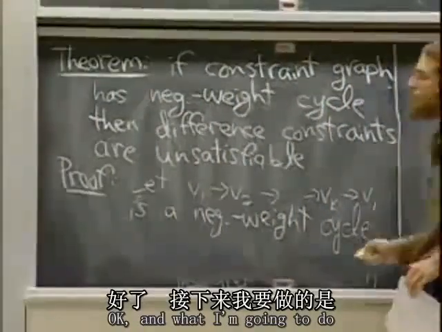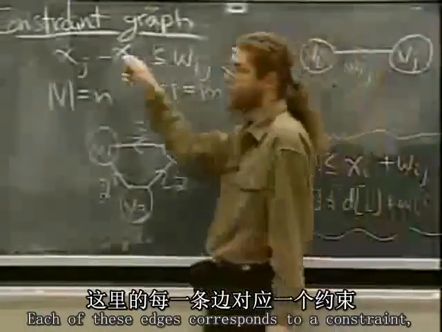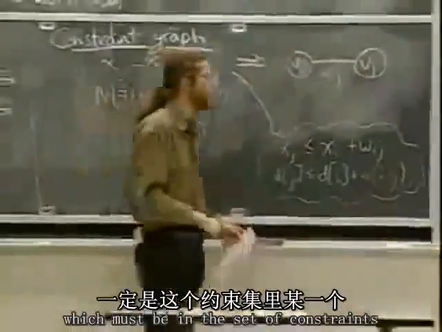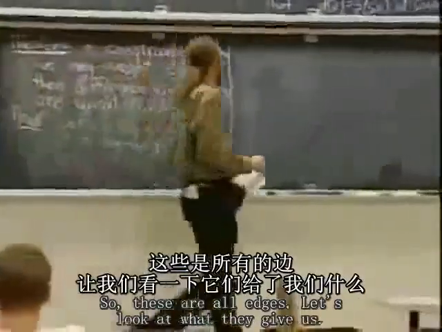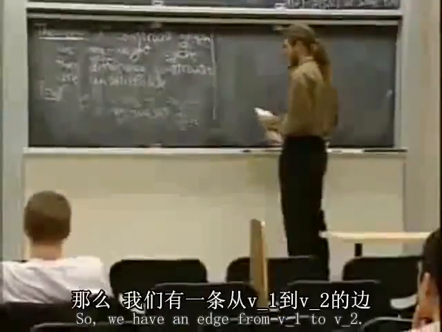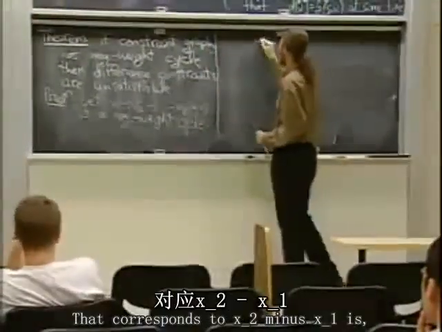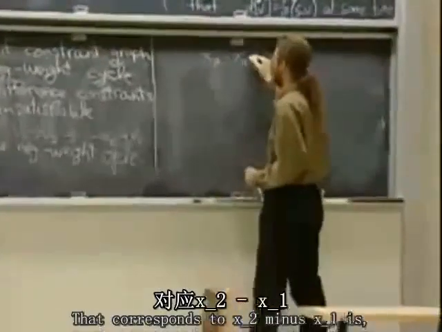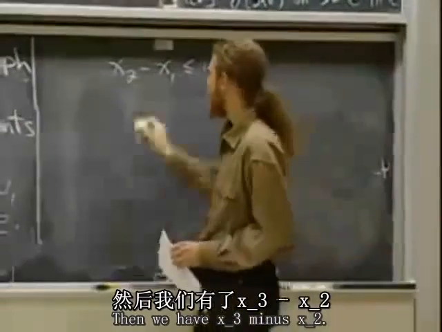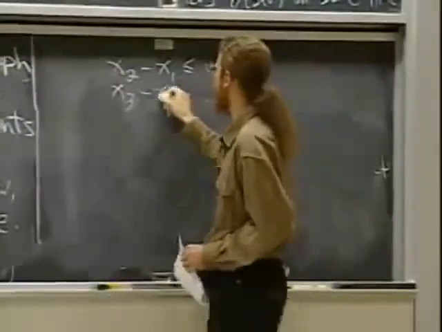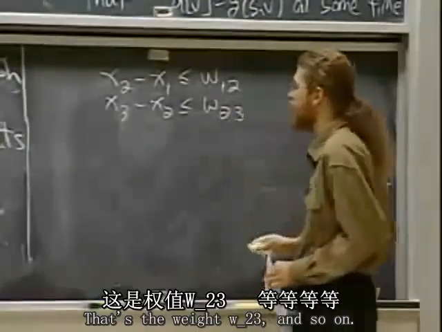Okay, and what I'm going to do is just write down all the constraints. Each of these edges corresponds to a constraint, which must be in the set of constraints because we had that graph. So these are all edges. Let's look at what they give us. So we have an edge from V1 to V2. That corresponds to x2 minus x1 is at most something, W12. Then we have x3 minus x2. It's the weight W23, and so on.